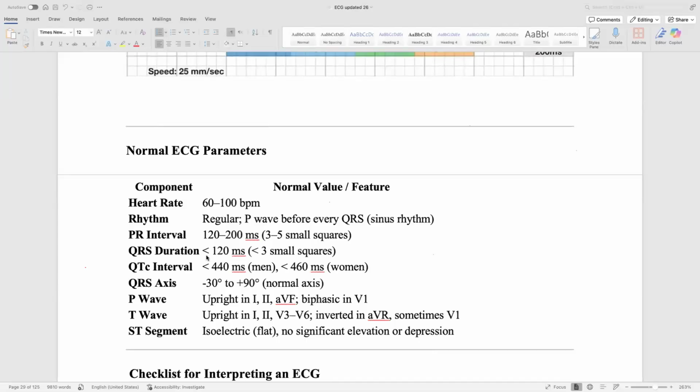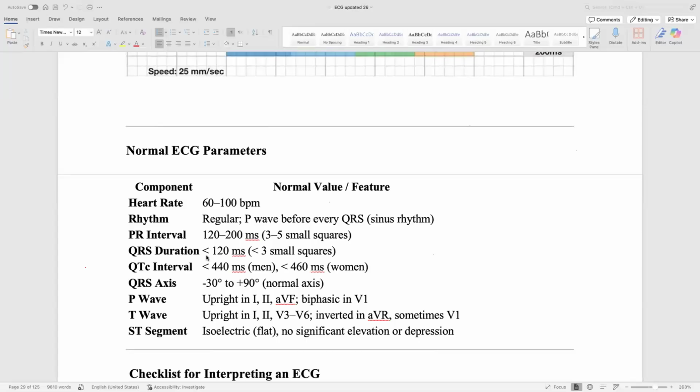Sometimes if it is very subtle, you cannot see the delta wave on the ECG. But the PR interval is very important.